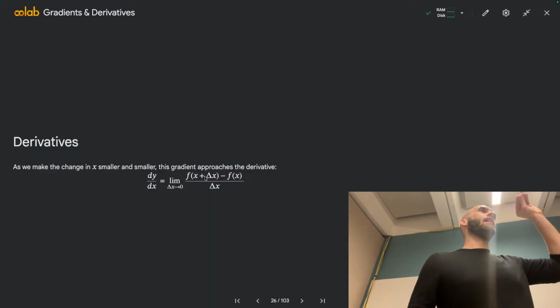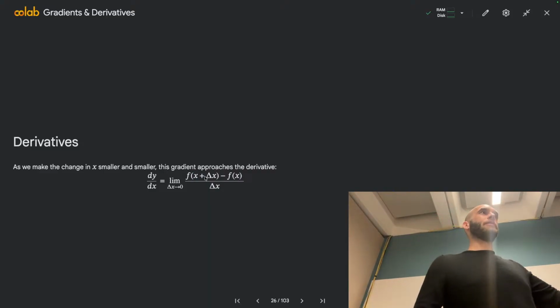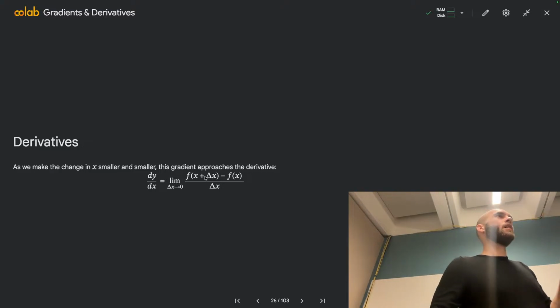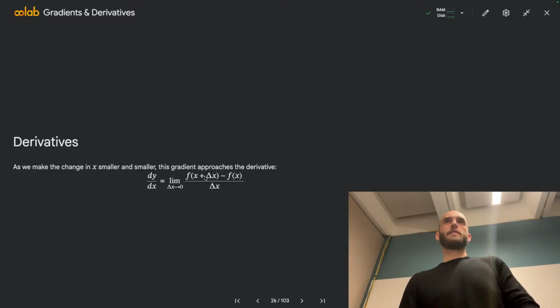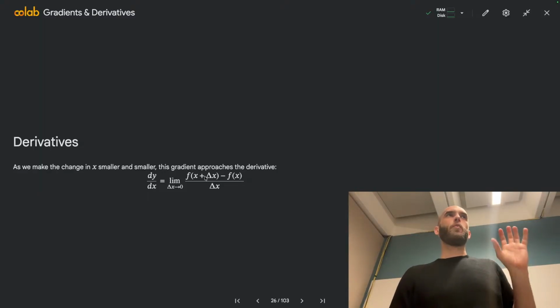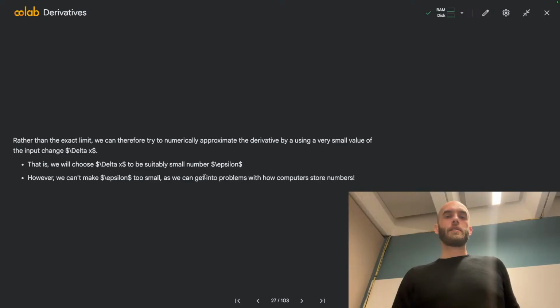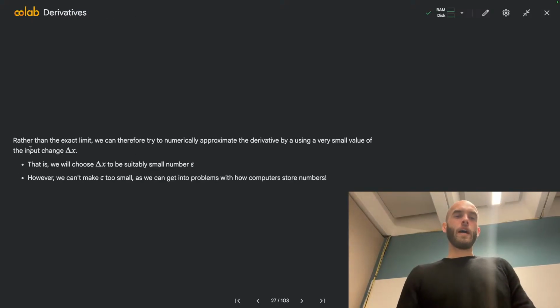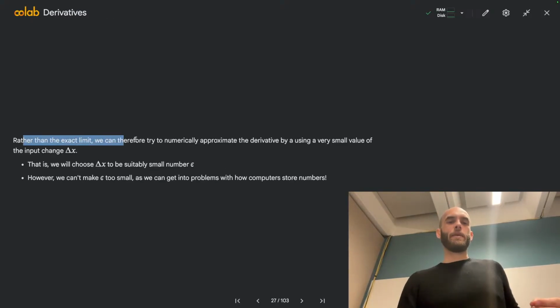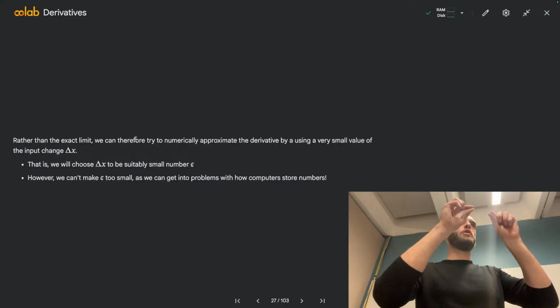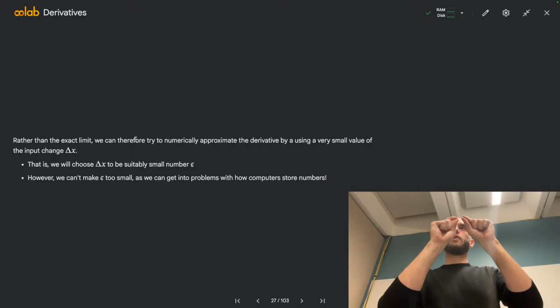Okay, so this is how I want you to think about what we're about to do in the context of the definition of a derivative. A computer can't take this limit, but what a computer can do is approximate. So instead of taking this exact limit, we're going to approximate the derivative using two numbers that are very, very close to each other.